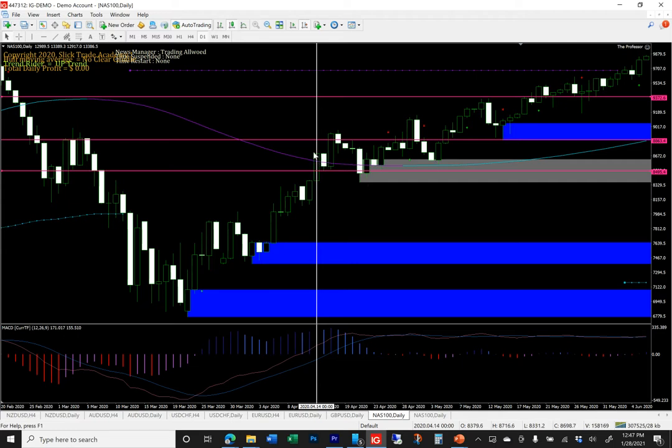So, broke above. If you waited for this candle, came back below, but then we had a real nice healthy push to the upside. Okay, this right here is a very good indication that we are going into a consolidation period or changing the overall trend.